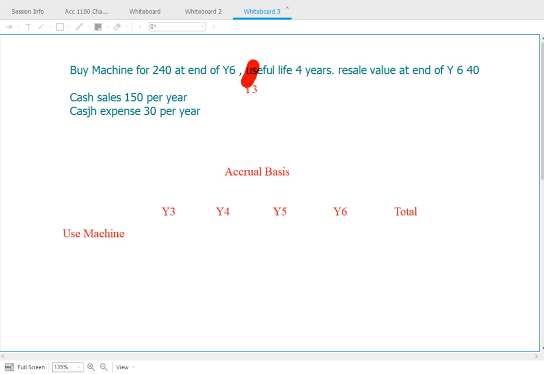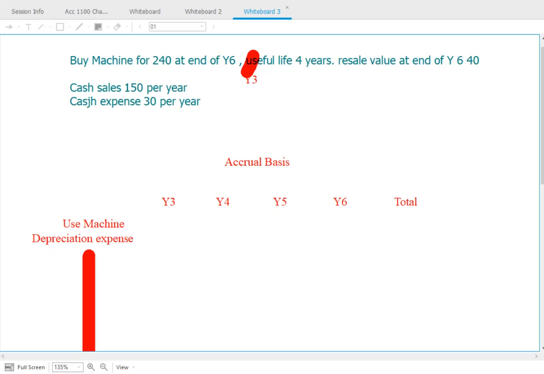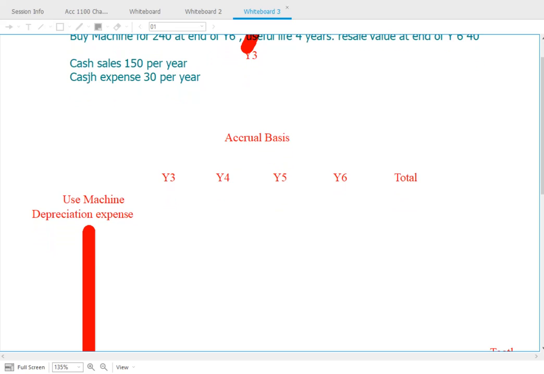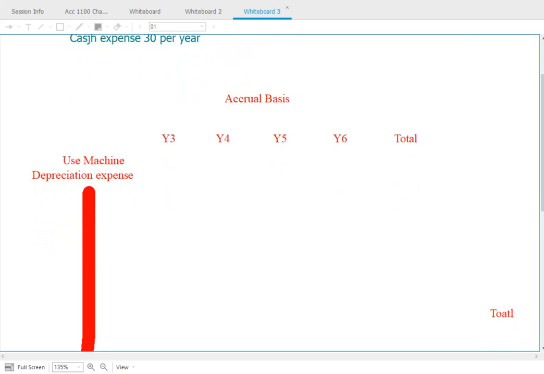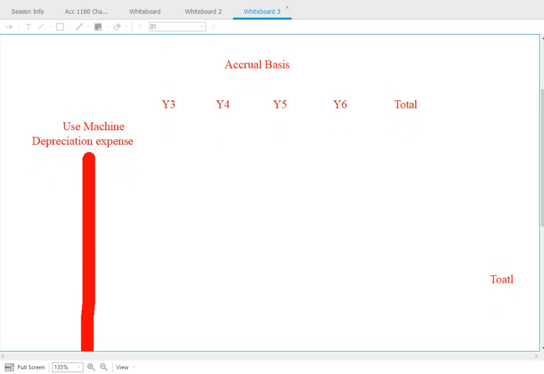So what is the depreciation expense? Let me explain that down here. Depreciation expense is when the company uses the long-term assets, then the used part should be recorded as expense.